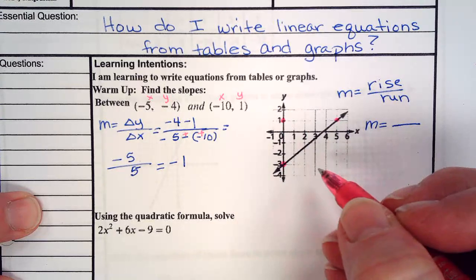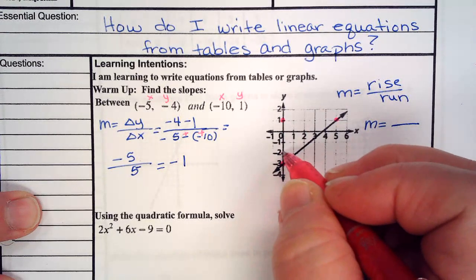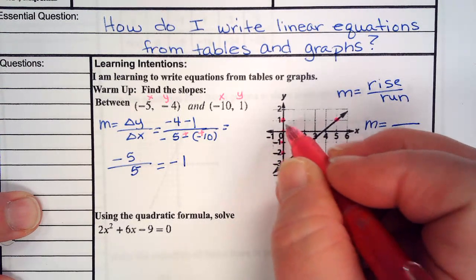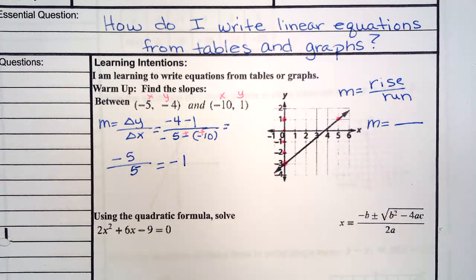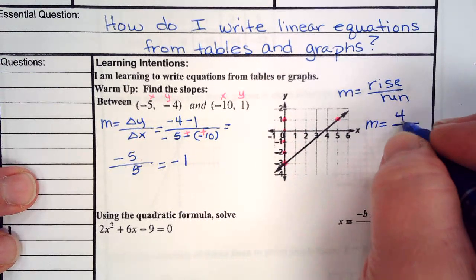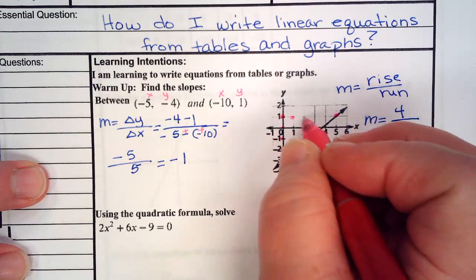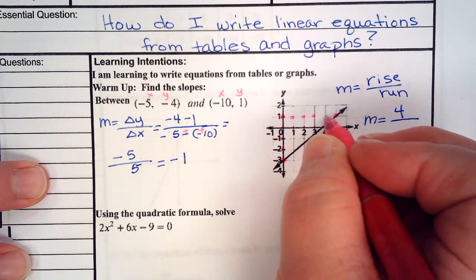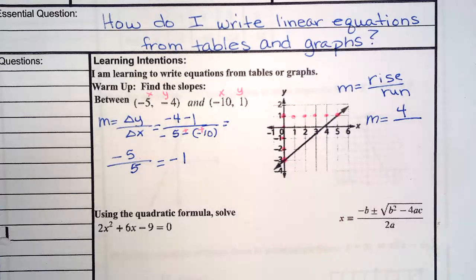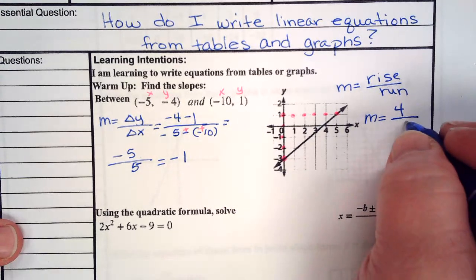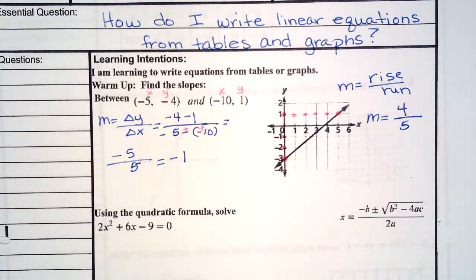There's my right triangle. When I count up, it's up 1, 2, 3, 4. So it rises 4, and then it runs 1, 2, 3, 4, 5. And we're done.